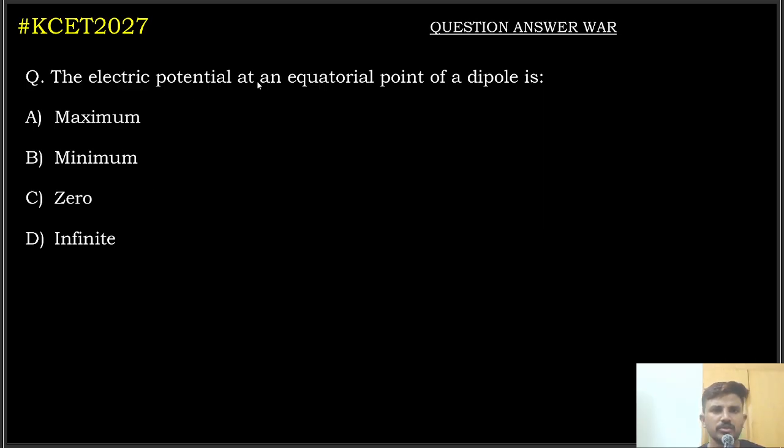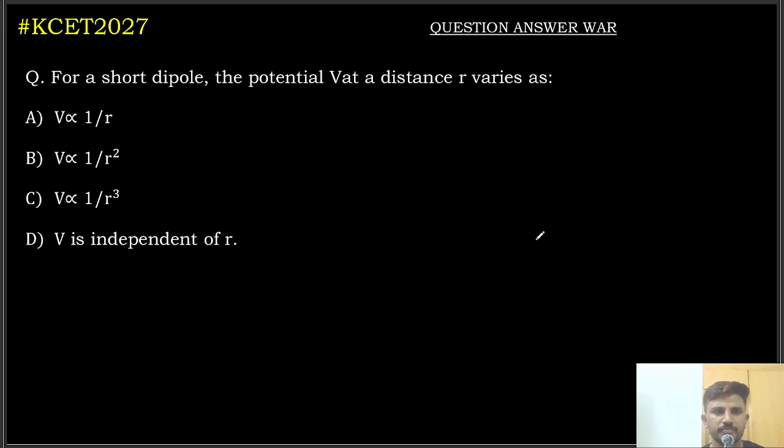The electric potential at an equatorial point of a dipole is, equatorial point means equatorial plane, electric potential will be 0 for the dipole. For a short dipole, the potential V at a distance r varies as V is equal to 1 over 4 pi epsilon naught, p cos theta divided by r square.